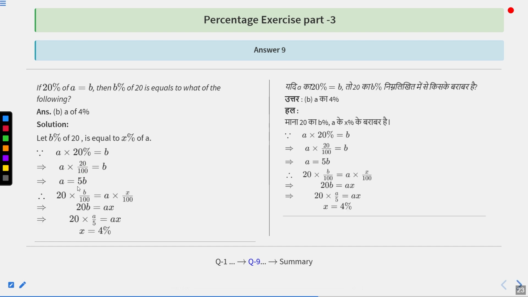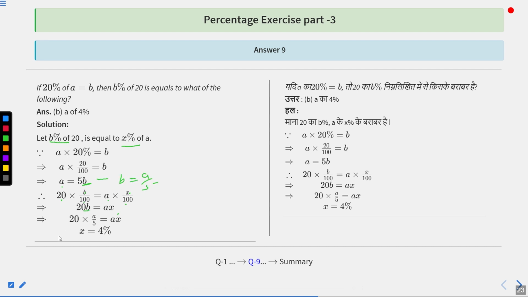So if A equals 5B, then according to this, B percent of 20 equals X percent of A. So B percent means B upon 100 of 20 is equal to X percent means X upon 100 of A. From here 20B is equal to AX. But we know that A equals 5B. So using this and putting here, we get B equal to A upon 5.